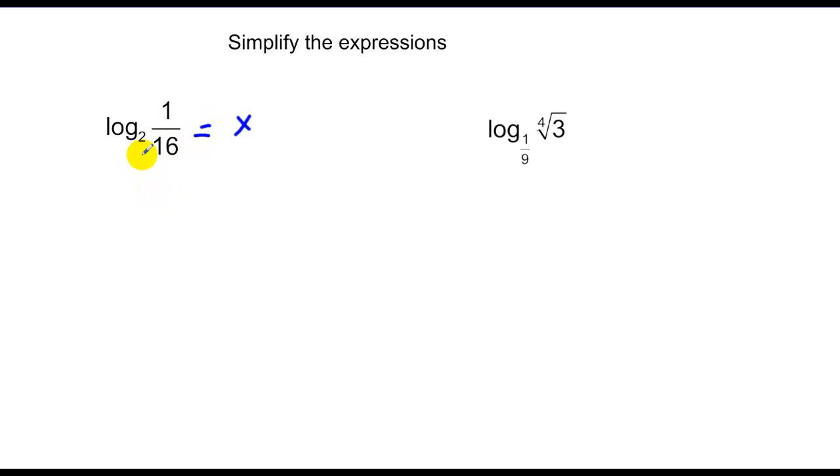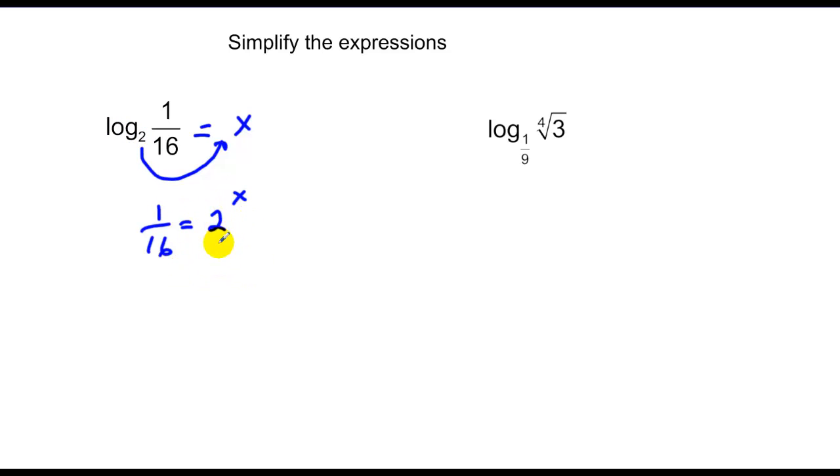So we're going backwards now. We're going to slide this base under this x, and in this case we're going to remove the logarithm. So we have 1/16 is equal to, and notice I'm removing the logarithm, 2 raised to the x power.